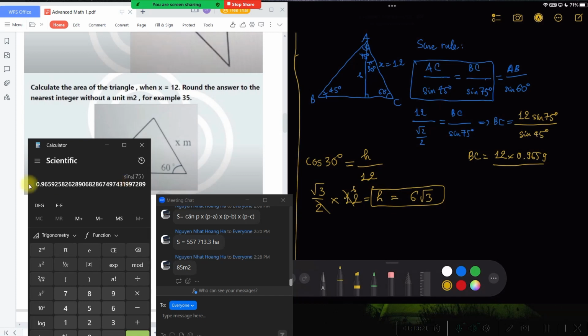Sine 45 is 0.7071. 12 times 0.9659 divided by 0.7071 should get to 16.392.